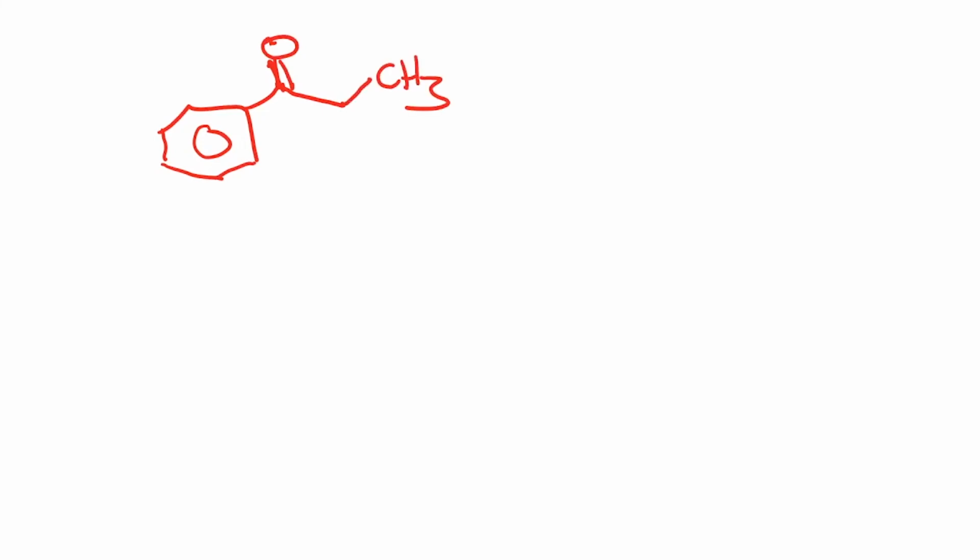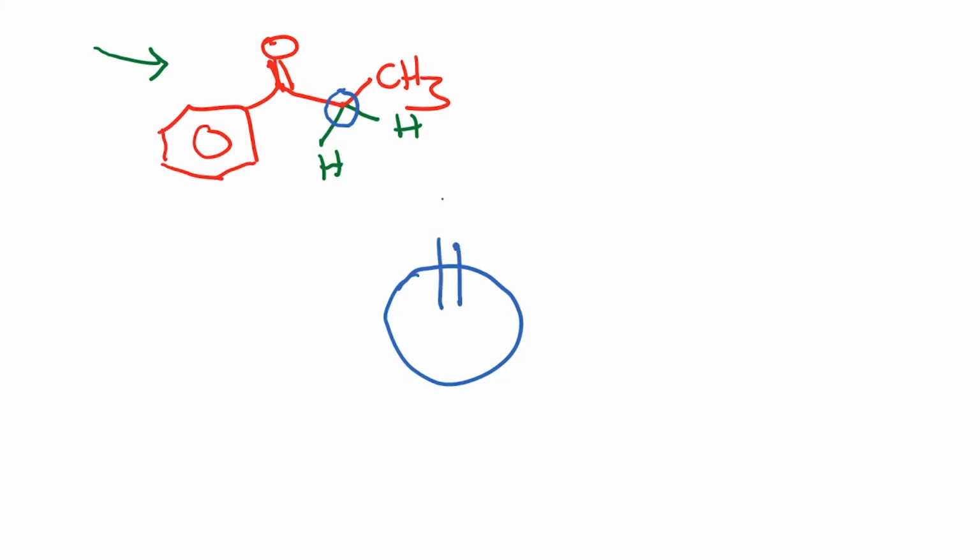If I look at it from this side, the molecule is going to look like this: this is the carbon that I'm using to draw the back carbon, and C double bond O is here, Ph is below, and then there are the two hydrogens here, and the CH3 is actually behind.